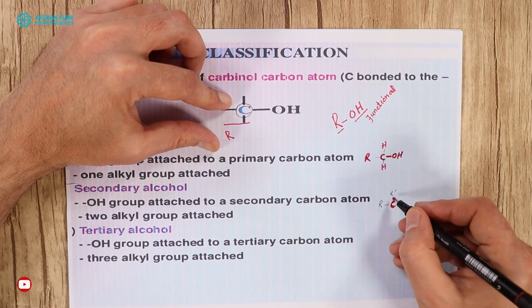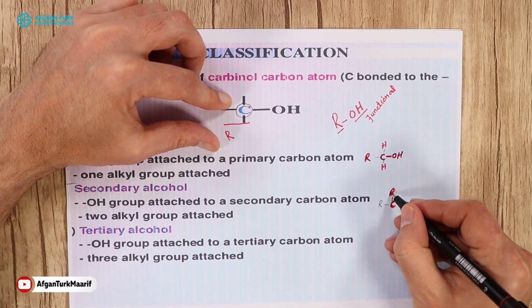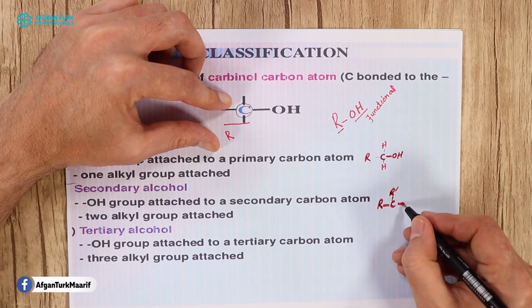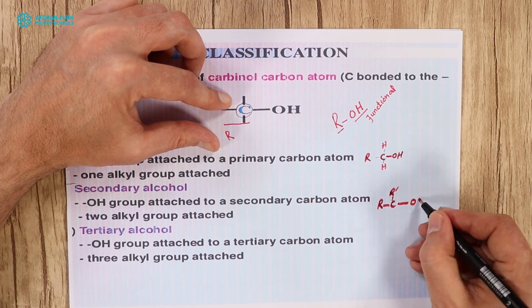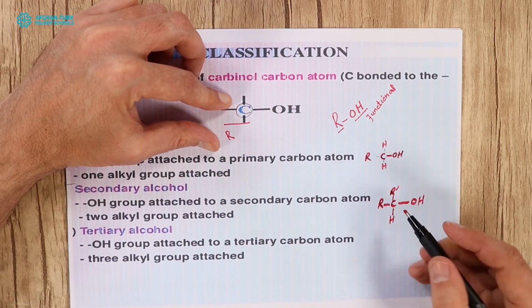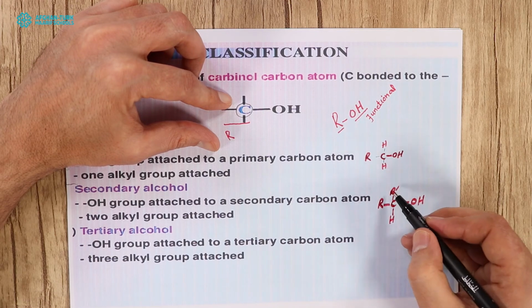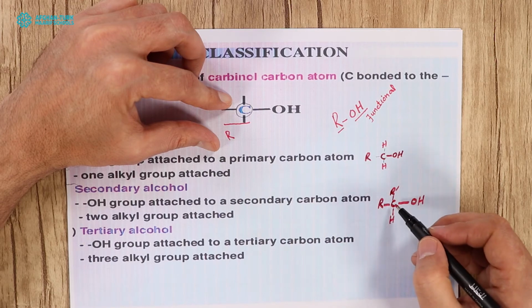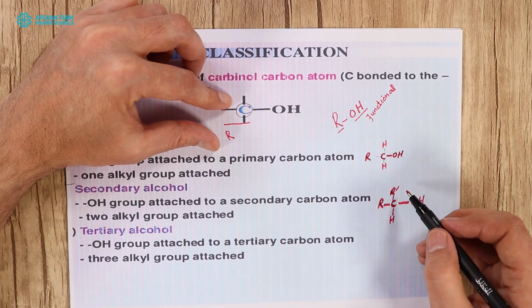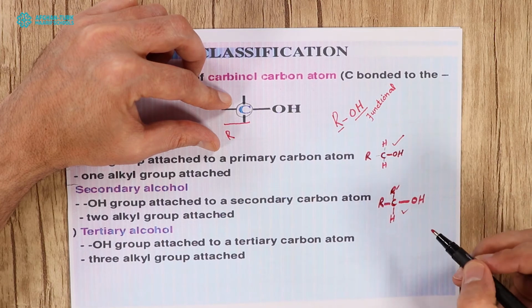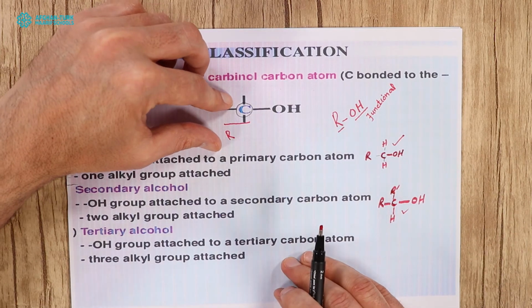This is the carbon, and there is one alkyl group and another alkyl group, with OH here and the remaining side attached to hydrogen. So this carbon is attached to two alkyl groups. Such alcohols come under the category of secondary alcohols.